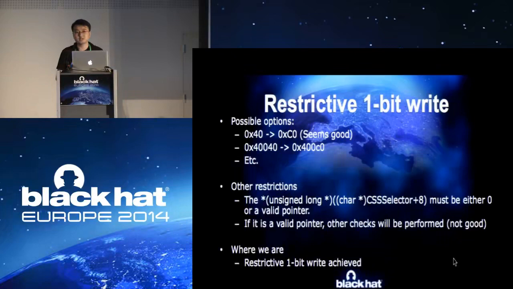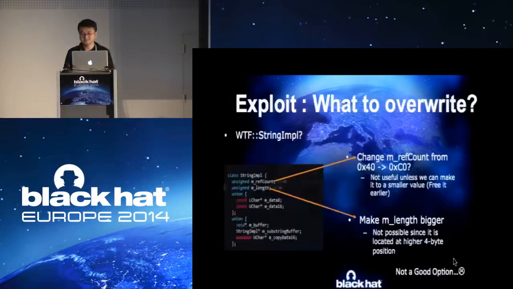But since it is currently on 64-bit, heap spraying is very difficult. So you cannot put a valid pointer just after that bit value, which is difficult. So where we are is that we have achieved a very restrictive 1-bit write.